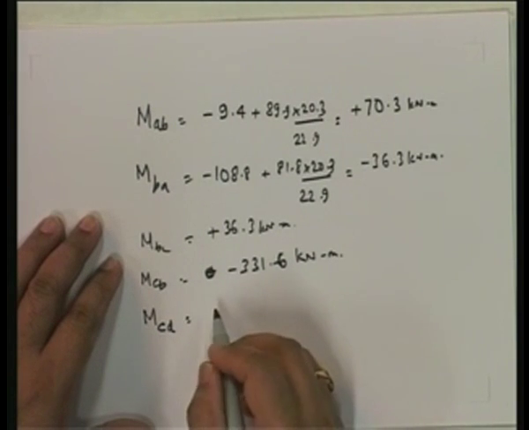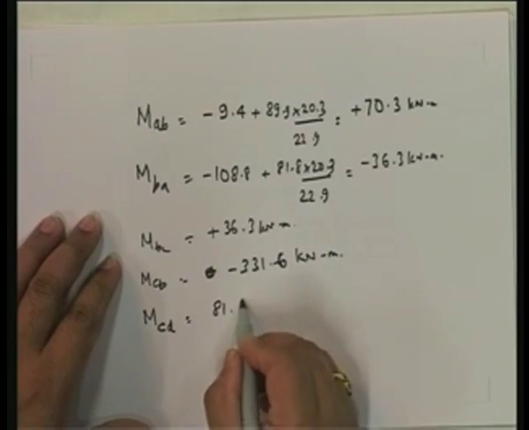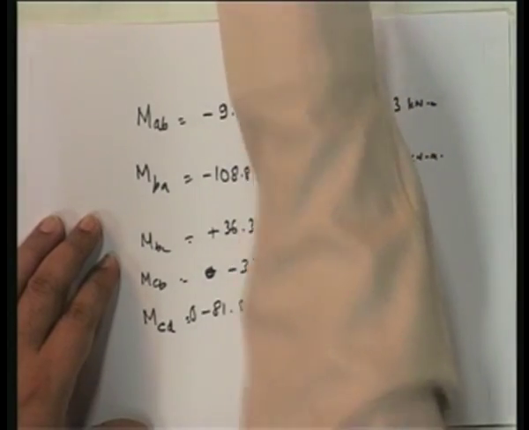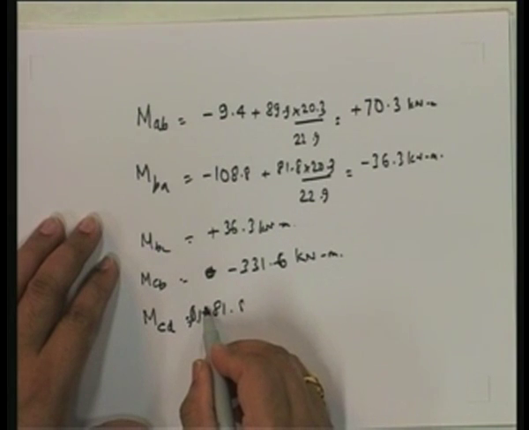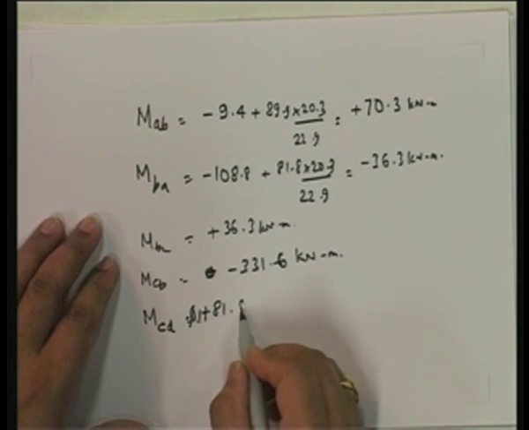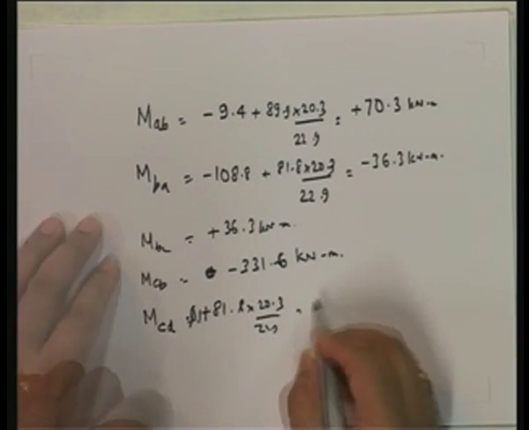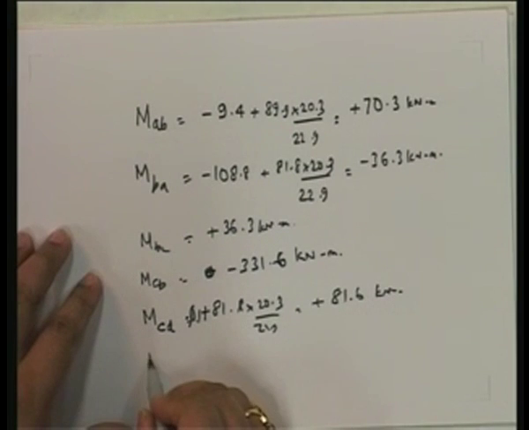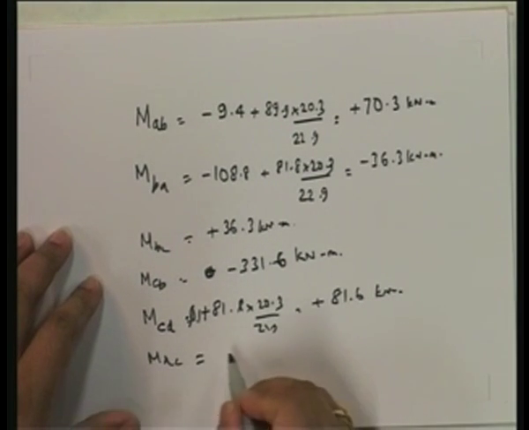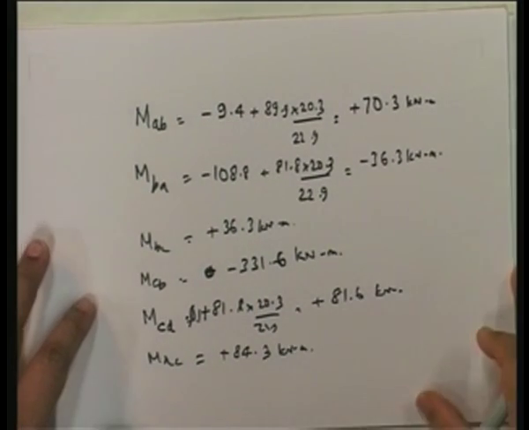CD is equal to 9.1 plus 81.8, 22.3 is equal to plus 81.6, and MDC is equal to plus 84.3.